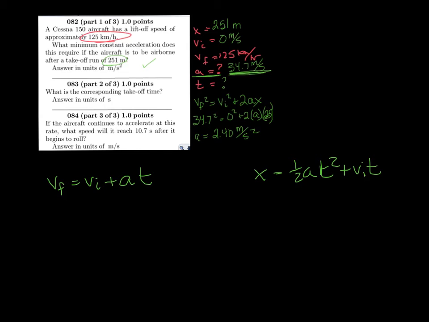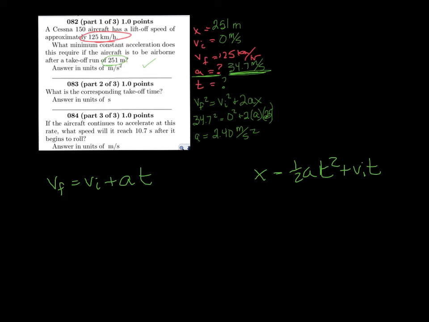We're looking for time. Which one of these equations looks like it might be easier to use? Generally, this one's going to be our easier equation to use. This time, though, this equation will work just as well, because what's our initial velocity? 0.